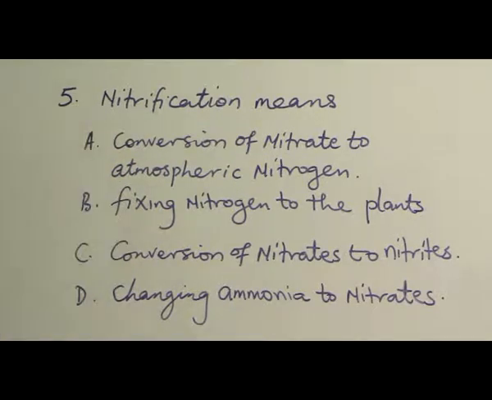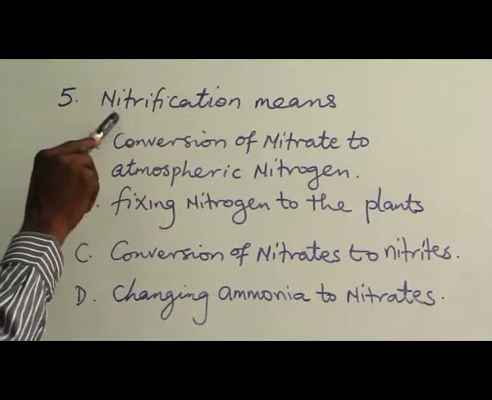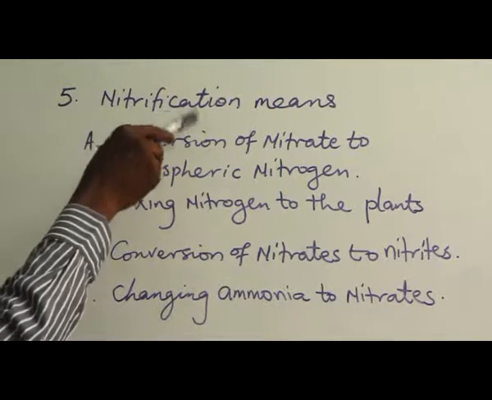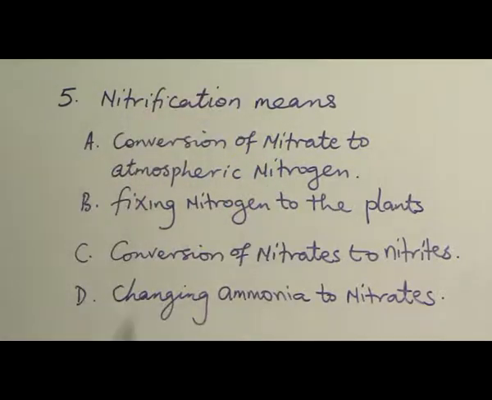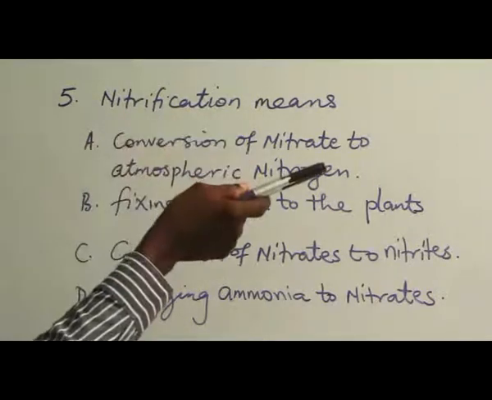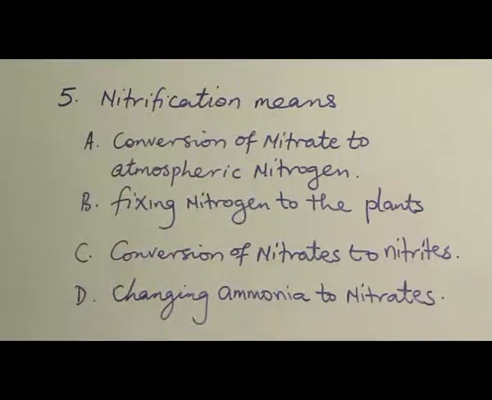through the activities of some bacteria called nitrifying bacteria. And the process is nitrification, which will make the ammonia change to nitrite, and from nitrite to nitrate. So the process of converting ammonia to nitrate is referred to as nitrification.